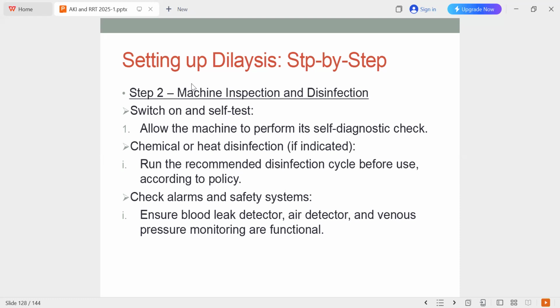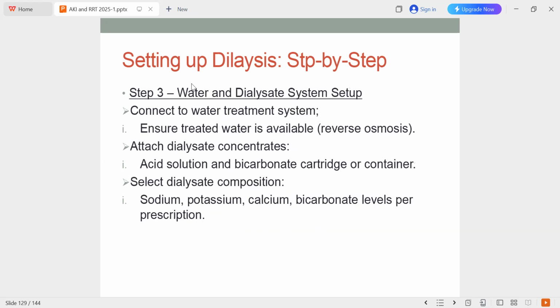You want to check your alarms and safety system. Ensure your blood leak detector is in place, and the air detector to reduce the risk of air embolism. Venous pressure monitoring must also be checked for functionality. So step 3, connect to the water treatment system.